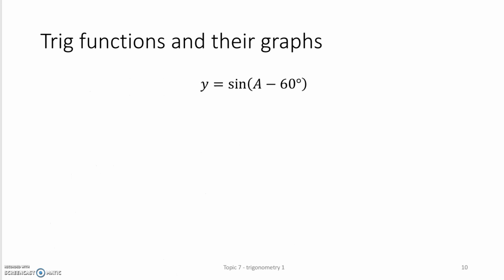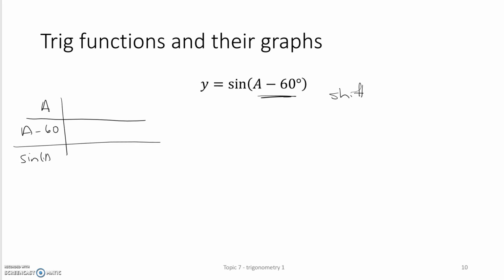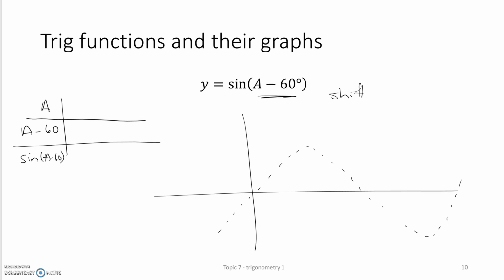We could also look at what happens when we've got a shift. We could draw up the table just as we did before. We could have A, and we could have A minus 60, and then we could find the sine of that. But once you've done a few, you'll see this. Let's dot in the original sine curve, like that. Now, what we find is that sine of A minus 60 actually starts 60 degrees later.